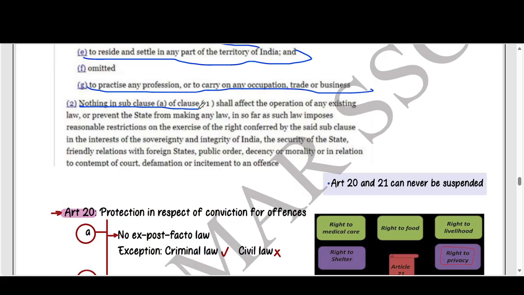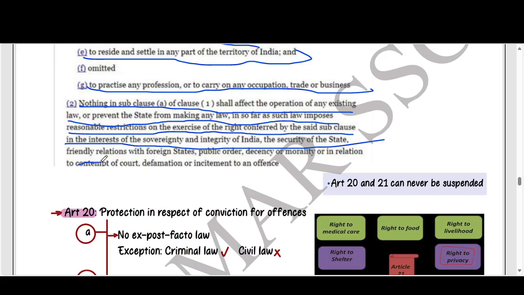Nothing in the sub-clause shall affect the operation of any existing law or prevent the State from making any law imposing reasonable restrictions in the interest of the sovereignty and integrity of India, the security of the State, friendly relations with foreign states, public order, decency or morality, or in relation to contempt of court, defamation, or incitement to an offence.